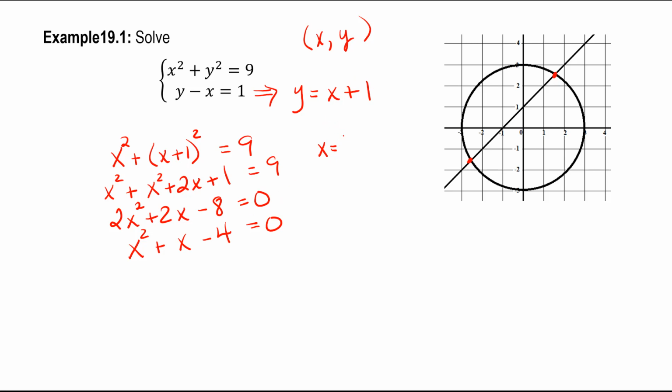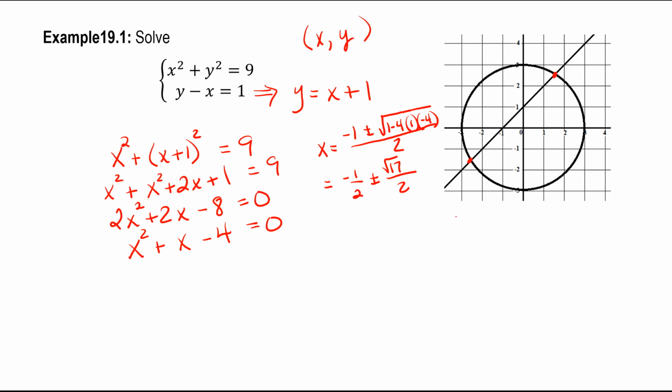Negative b plus or minus the square root of b squared minus 4ac, all over 2a. So for our x coordinates, we have negative 1/2 plus or minus the square root of 17 over 2.